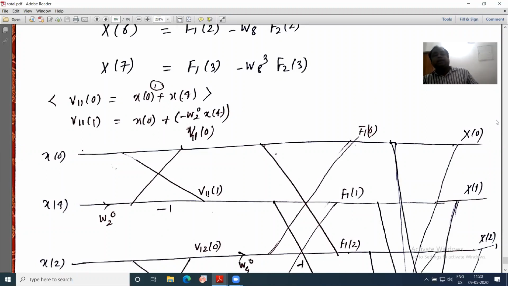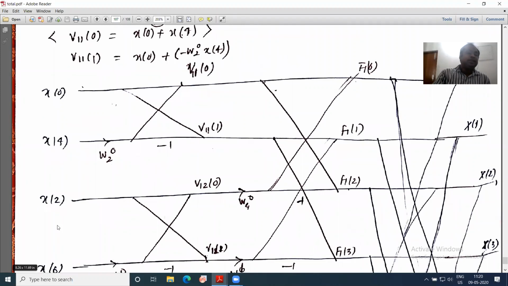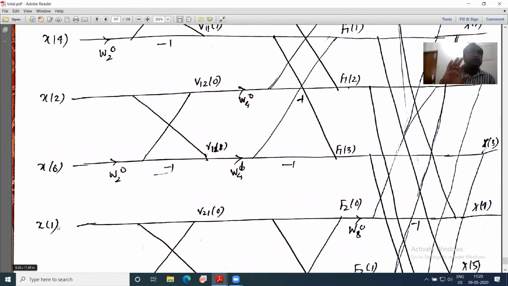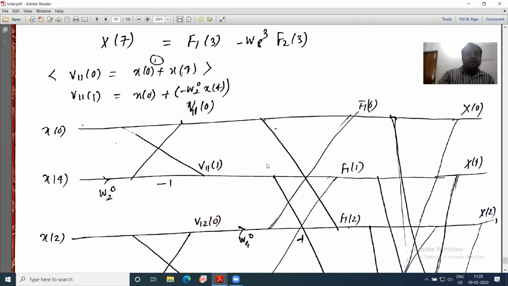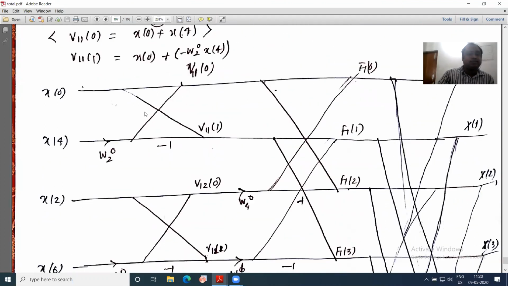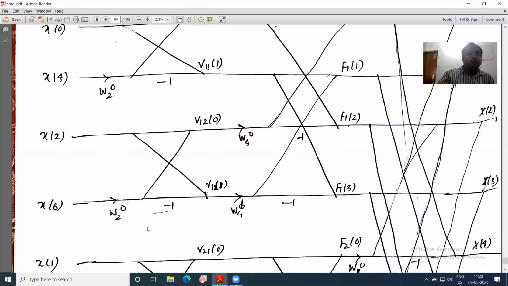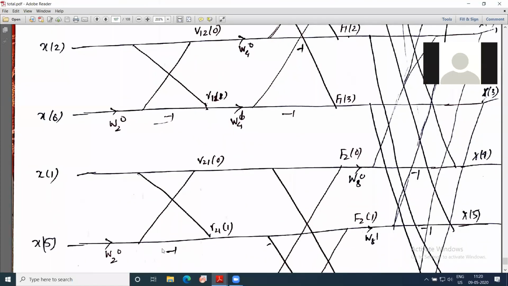Once we know the diagram, I can solve any problem, and this diagram is also very easy to remember, because the input combination you can remember using the bit reverse order. Using the bit reverse order procedure, I can always write x0, x4, x2, x6, x1 and so on. I can always draw this diagram, because I first draw 8 lines, then make crosses between 2 lines, and I would write.